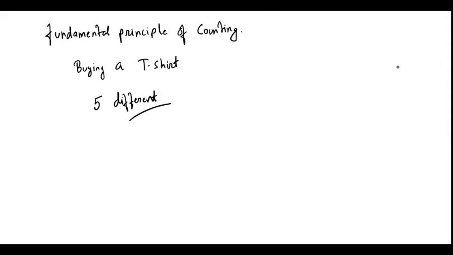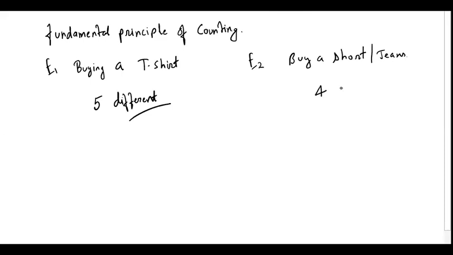This is event 1. Now I'm having event 2, in which you have to buy jeans also. We have 4 different types of jeans.